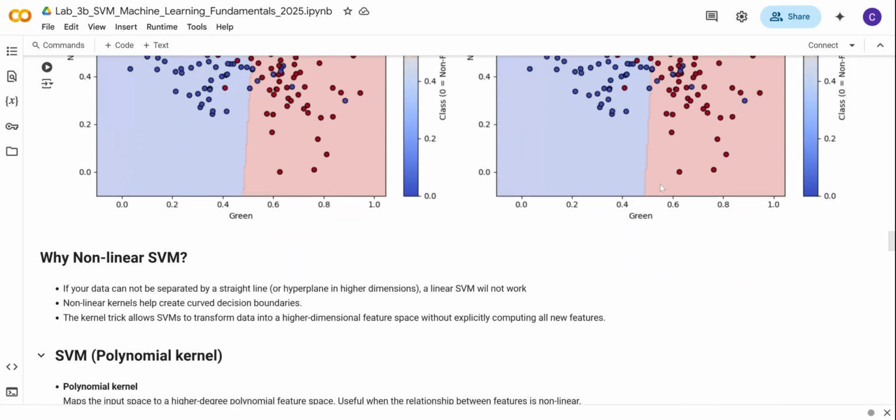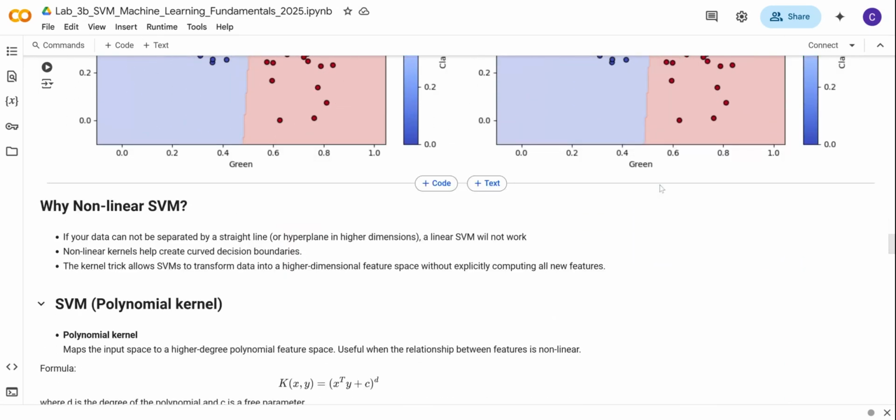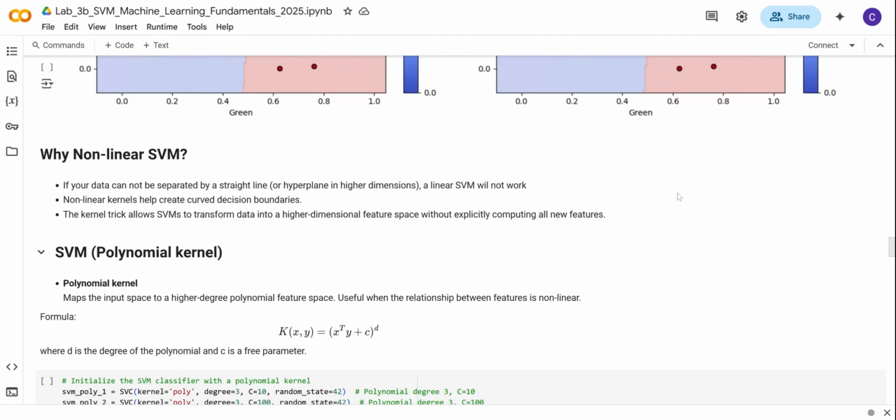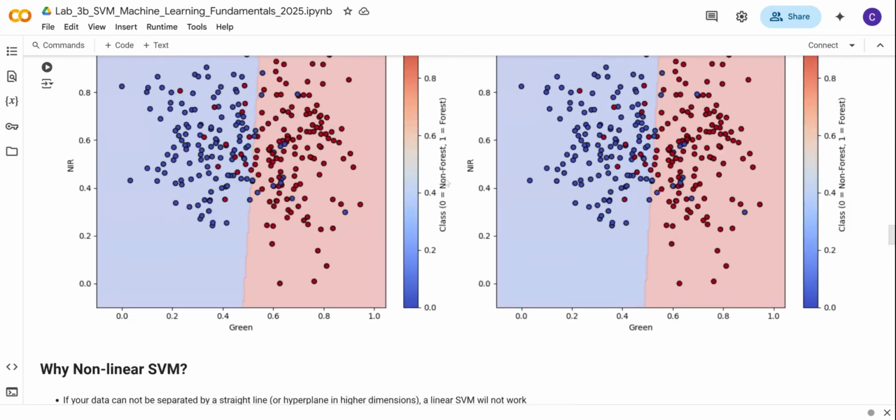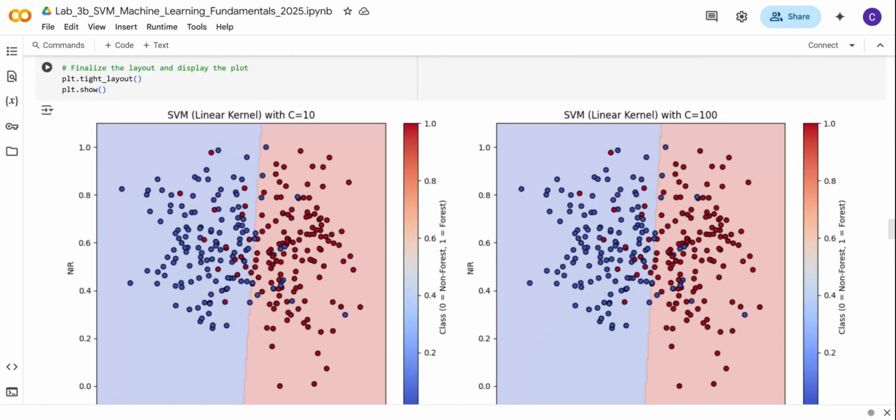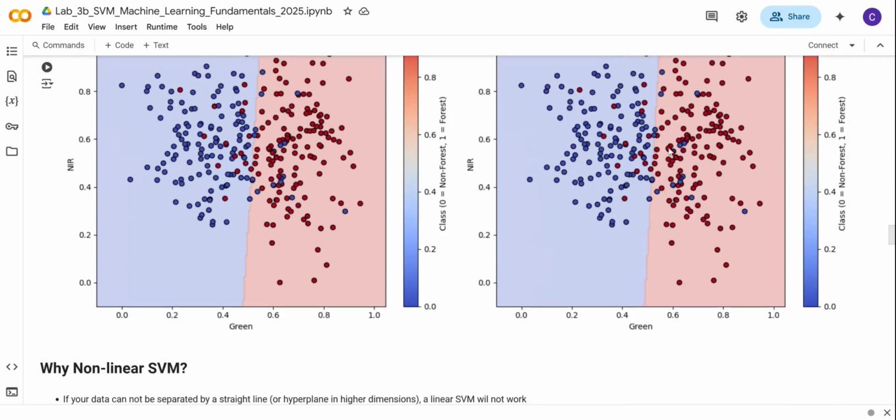So what do we do? If we have data which is non-linear, what can we do? In this case, we need to use what we call kernels. Kernels are very important because we have seen that here we cannot use a straight line to separate the 2 classes.